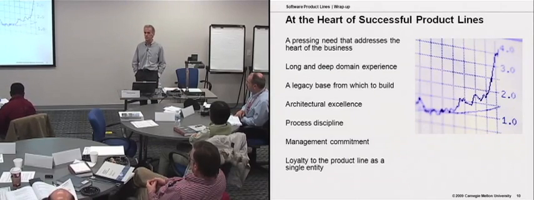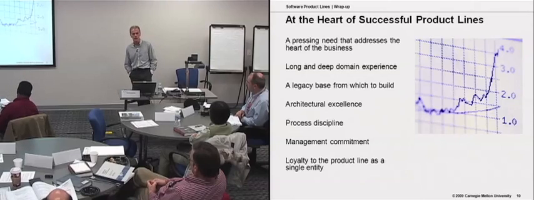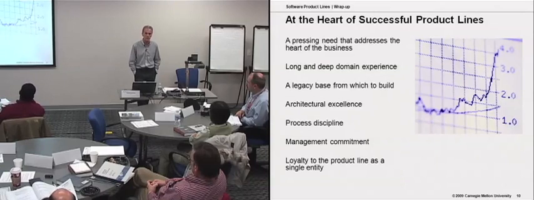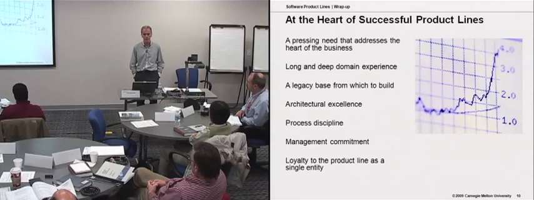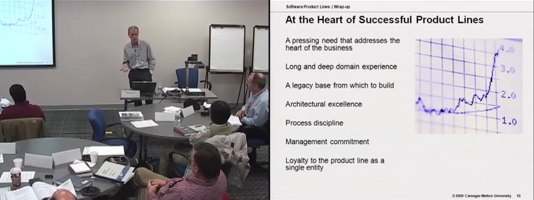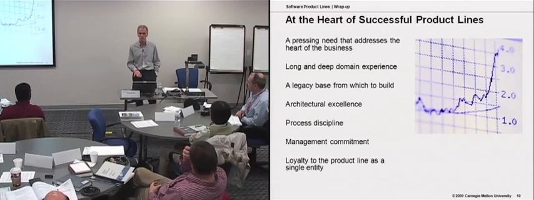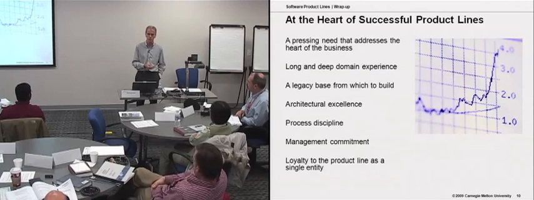It's not just about turning out products. It's about growing and evolving this production capability from which you can spin off products, and maintaining that vision of a product line over and above the demands from your customers for changes or addition of new features to products.